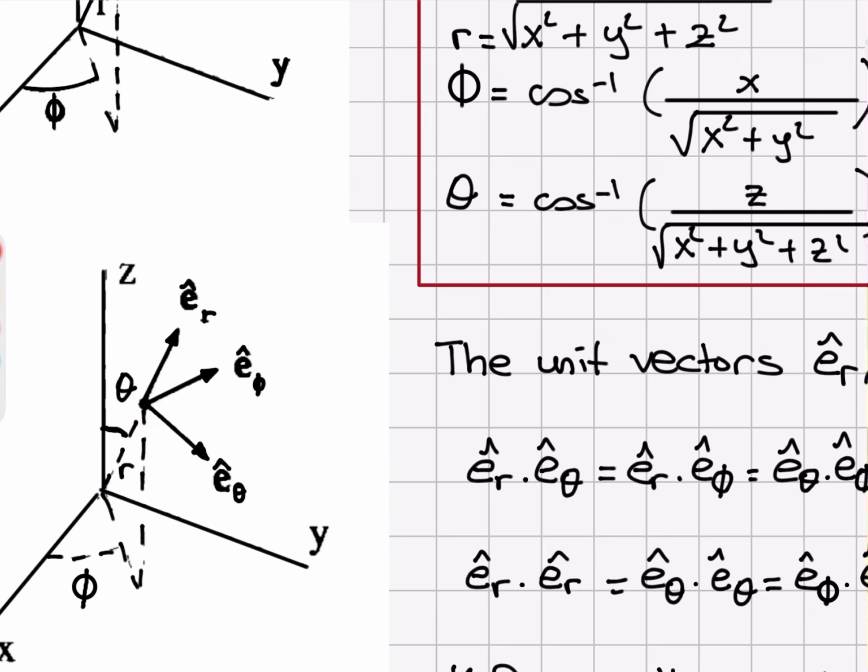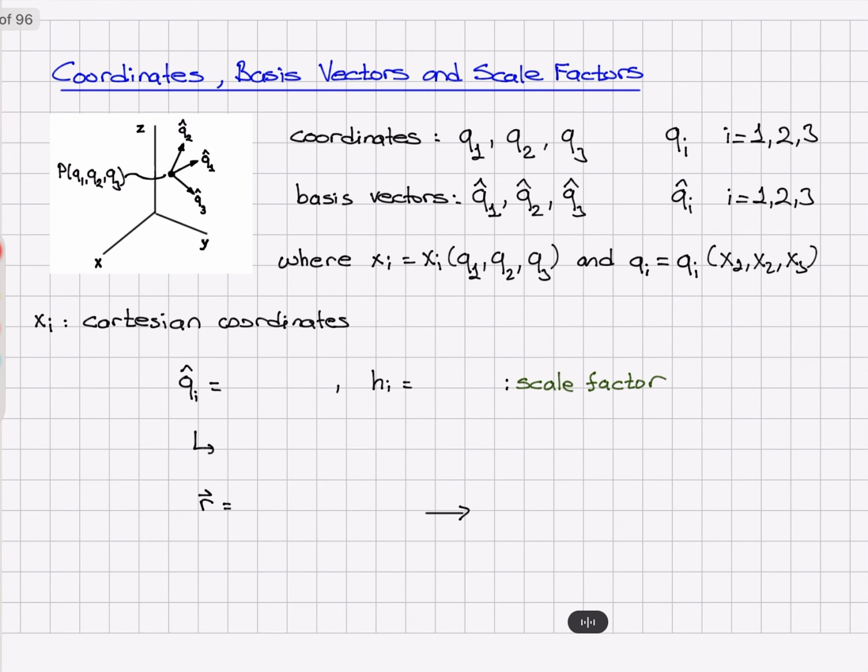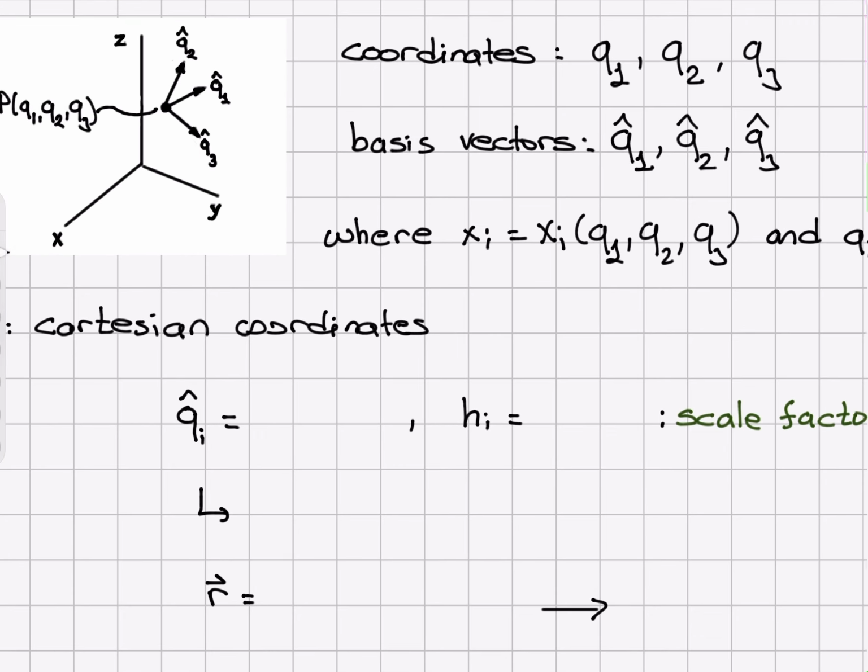So if we change the value of phi, for example, by a small amount, this will be the change in the position vector. So we're going to look at the change in the position vector, del r del qi, and also this has to be a unit vector, so we have to divide it by its magnitude hi.